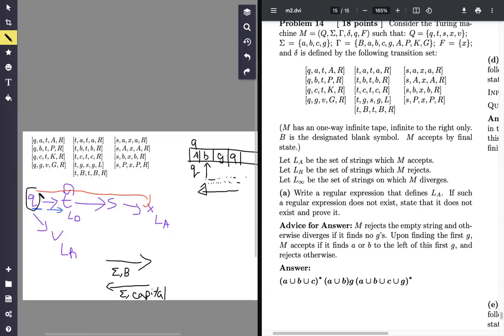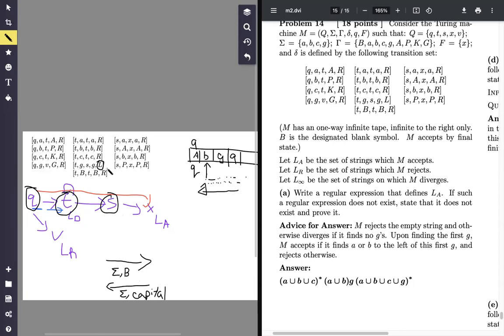So in state Q, I only have to worry about anything that's in my alphabet or a blank. In state T, I only have to worry about anything that's in my alphabet or blank. State S is left, right?